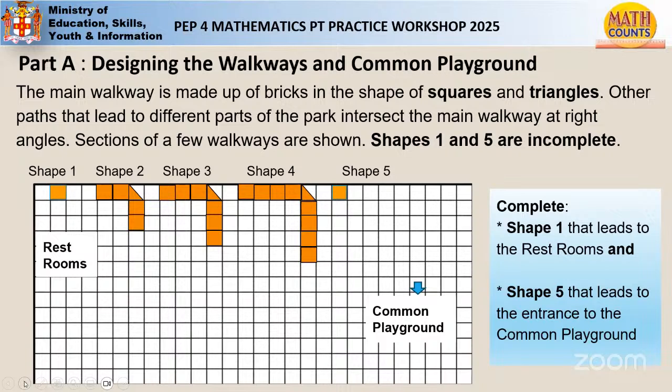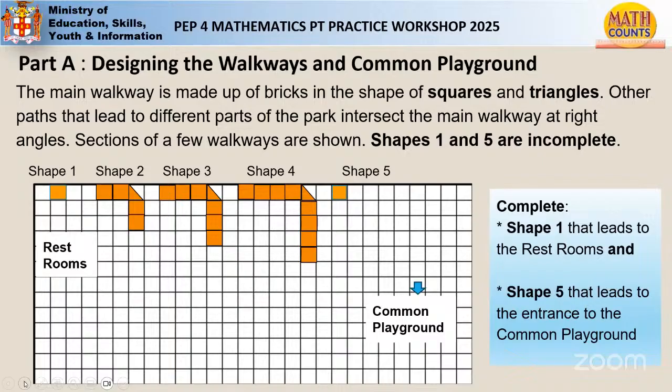The main walkway is made up of bricks in the shape of squares and triangles. Other paths that lead to different parts of the park intersect the main walkway at right angles. Sections of a few walkways are shown, but shape 1 and 5 are incomplete. We see shape 1 is not finished because there is only one square.